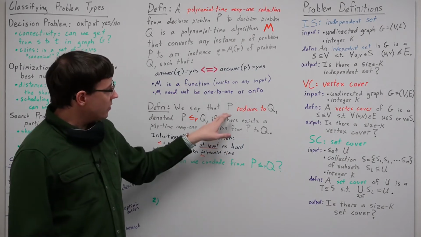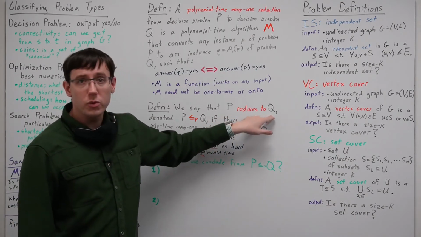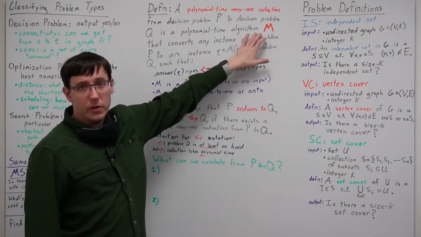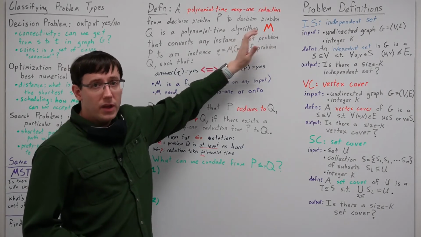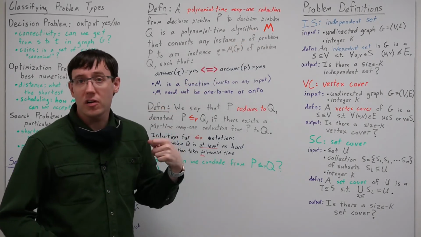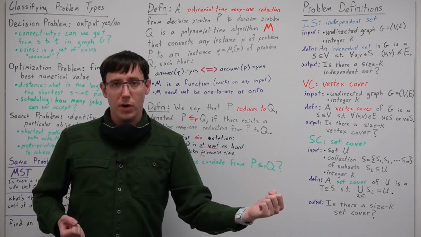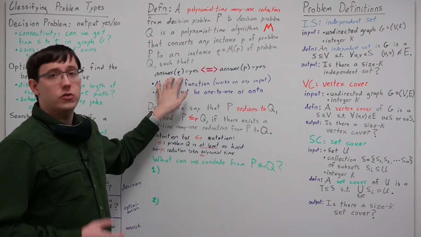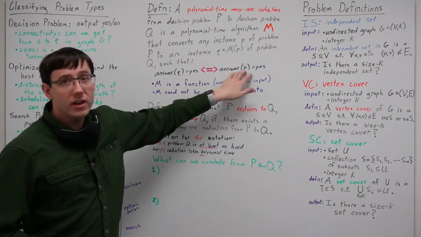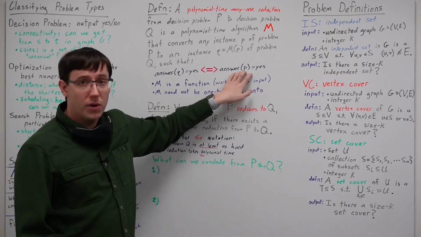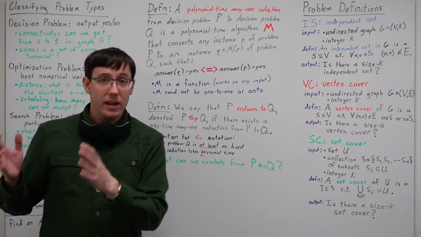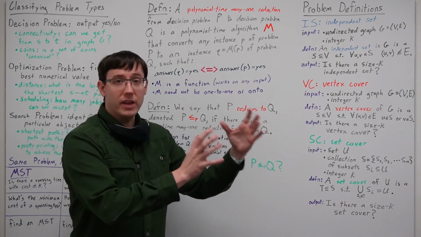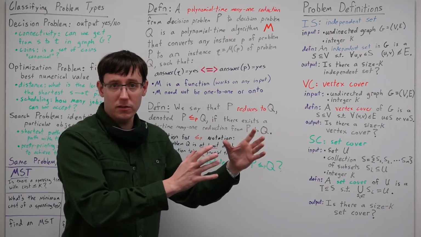And when we say that decision problem P reduces to decision problem Q, that means there is some algorithm that runs in polynomial time that translates any instance of problem P into an instance of problem Q. And we specifically want that the answer to the translated problem is yes, if and only if the answer to the original problem was yes. So whenever the answer to the original decision problem was yes, after we translate the problem, the answer to the new decision problem will also be yes.